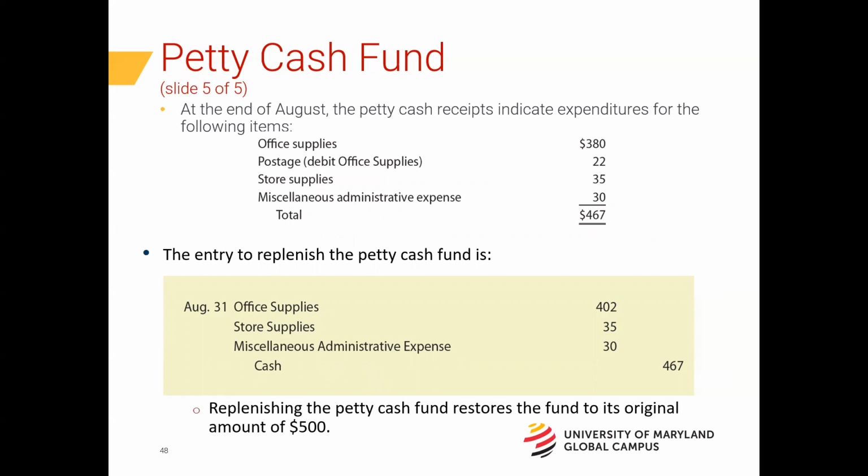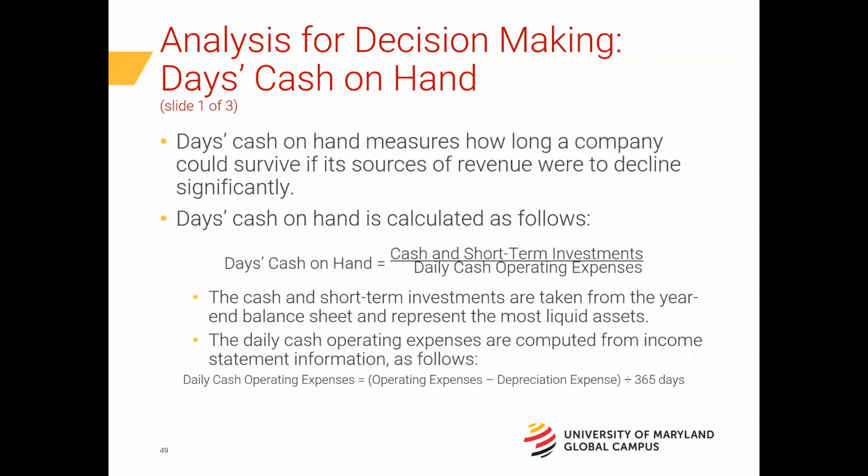We debit the uses, the expenses: office supplies expense, store supplies expense, miscellaneous expense, and of course we credit the cash fund, right? And what that does is it represents the use of that petty cash. And then of course we go back through and repeat the process.